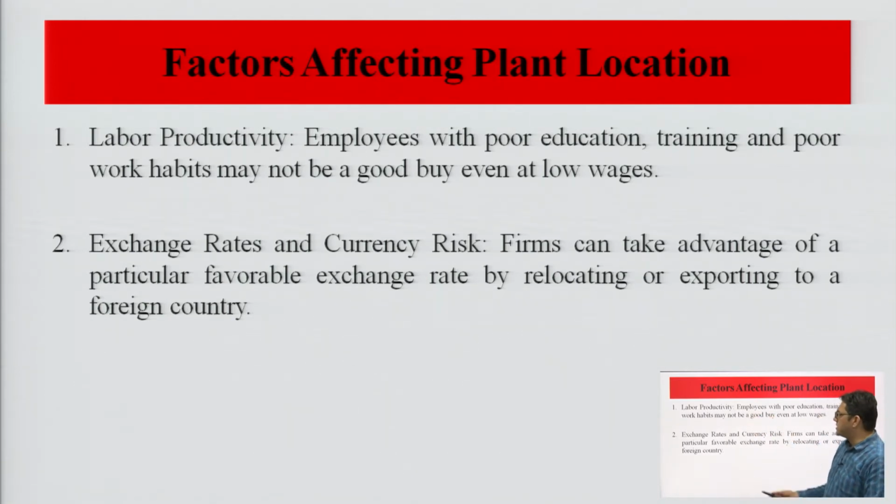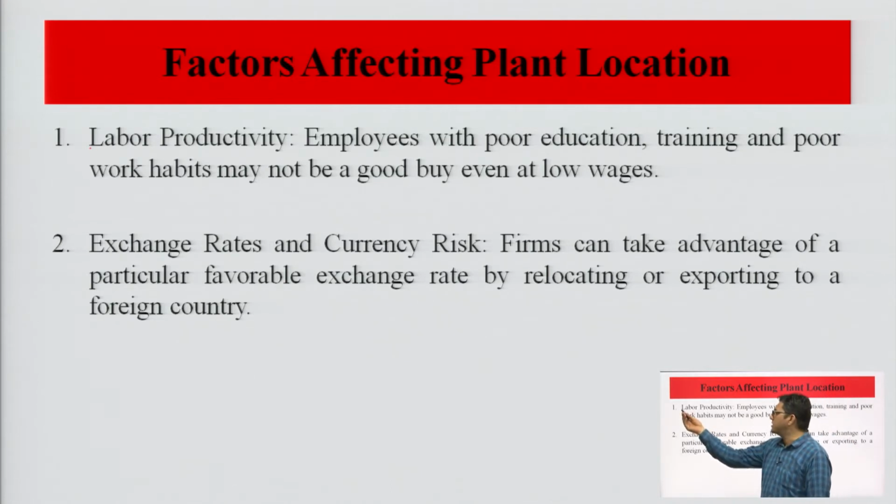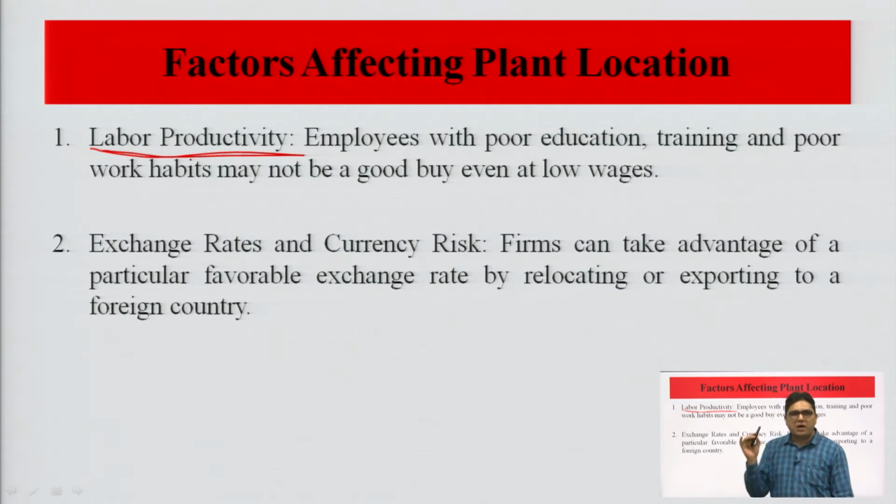So, we need to see that labor productivity is high, and that the labor is well educated wherever you are locating yourself. The companies who are locating themselves in rural areas or even semi-urban areas are facing a problem that they are not finding employees of their expectation.